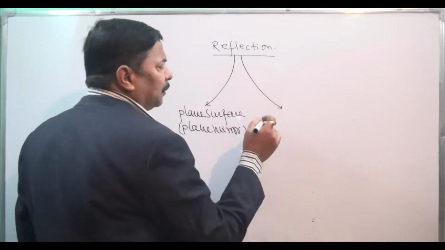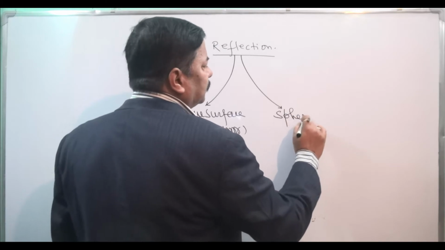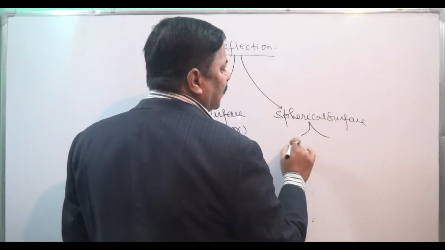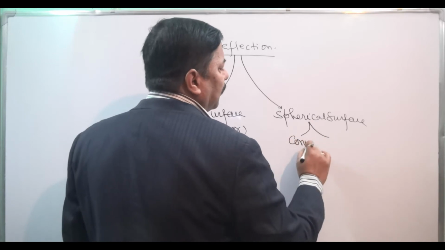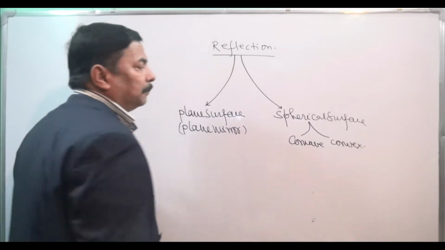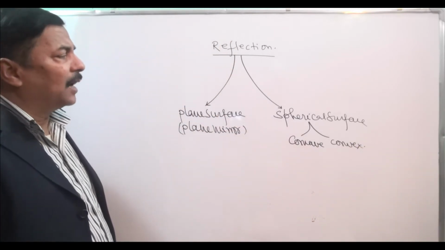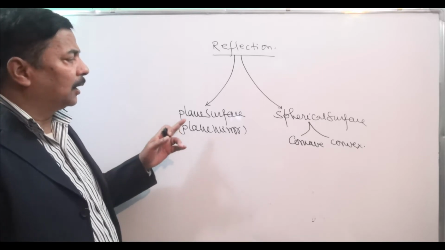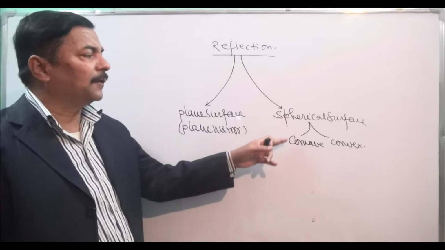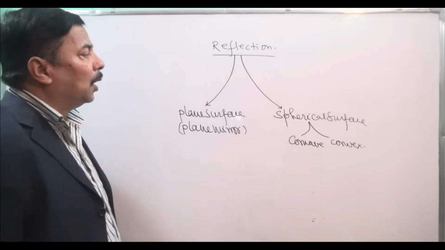The second portion will be spherical surface, and in this concave and convex mirror will come. So the study of reflection, that is bouncing back of light, we will be discussing under two headings. One is plane surface, that is plane mirror, and one is spherical surface, that is spherical mirror, which is of two types, concave and convex, that you already know.